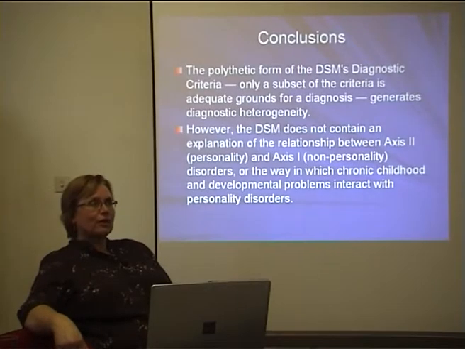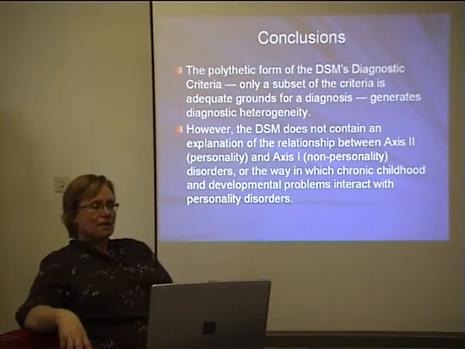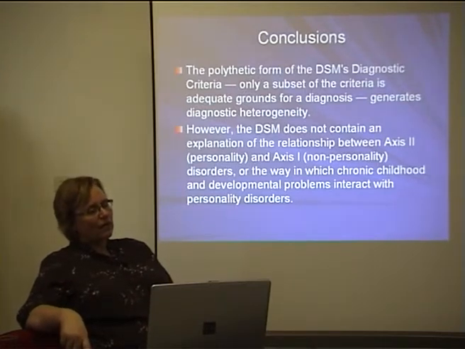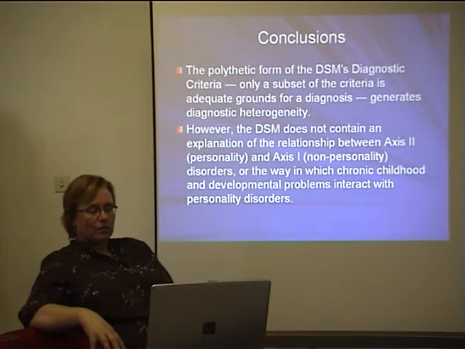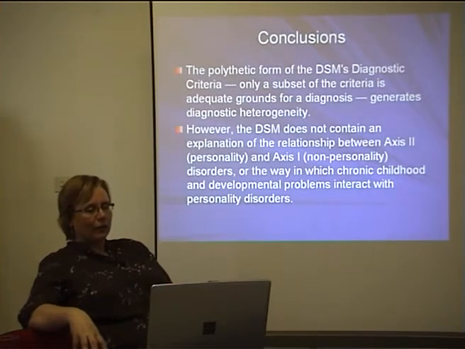Let's come to some conclusions for today about the DSM, its advantages and disadvantages. This polythetic form of the DSM, and of course that means that there's many different axes, generates diagnostic heterogeneity. In other words, many different people with different symptoms will have the same label. They'll fit in the same category.